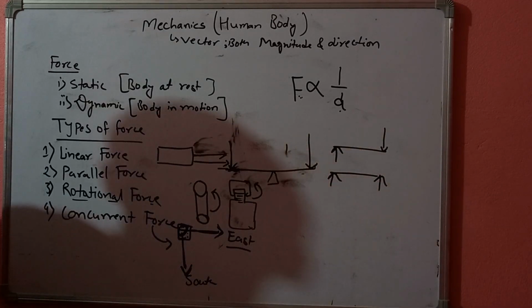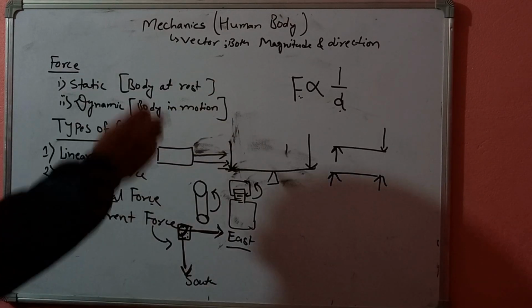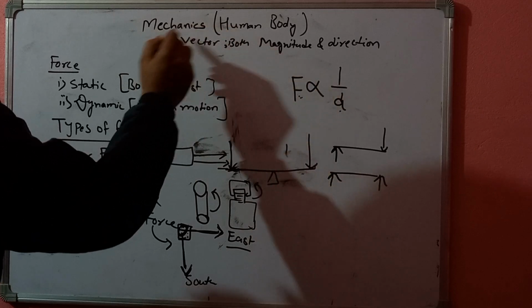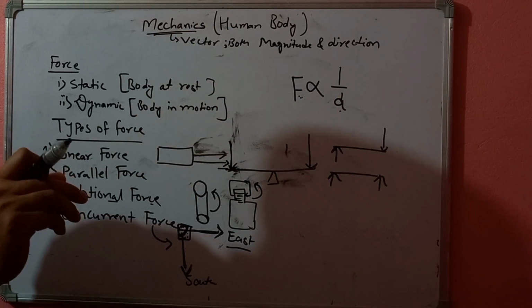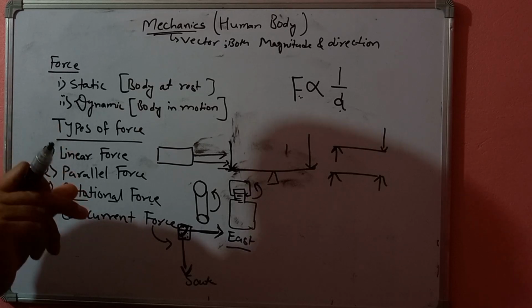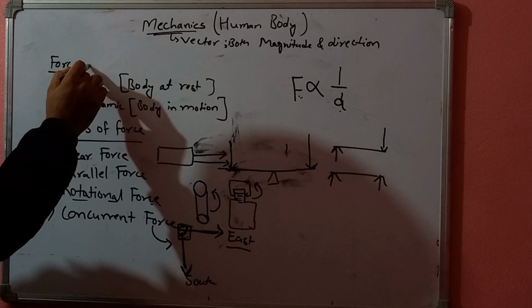Now in mechanics, again we can revise this. What is first? In the human body, there will be mechanics. Mechanics is a vector quantity which has both magnitude as well as direction, right? Second, we come to force.